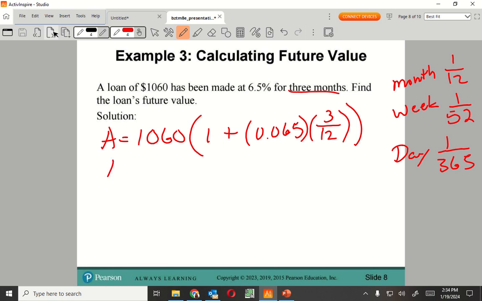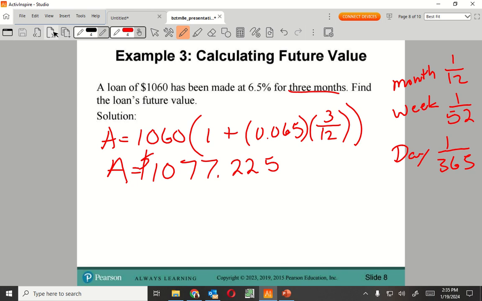All right, so my A, my future value is going to be 1077.225. Very good. Now, are we dealing with money? Yes, we are dealing with money. So what is my smallest unit in money? 1 cent, 1 penny, right?